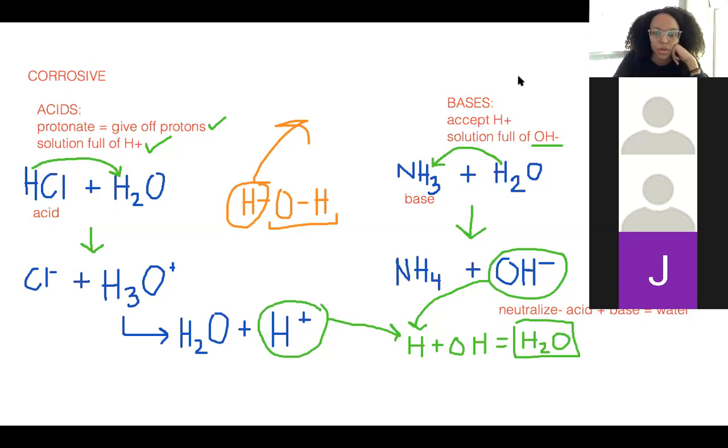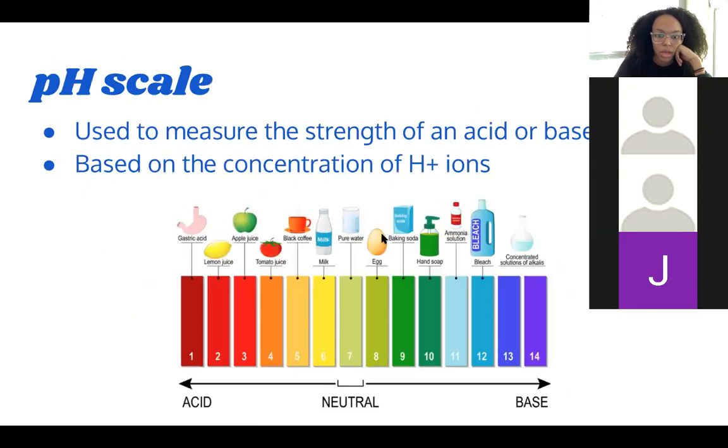Okay, so then moving on, we're going to talk about the pH scale a bit, which we've already talked about. The pH scale is used to measure how strong an acid or a base is. Okay, and the pH scale is not random numbers that are just made up arbitrarily.